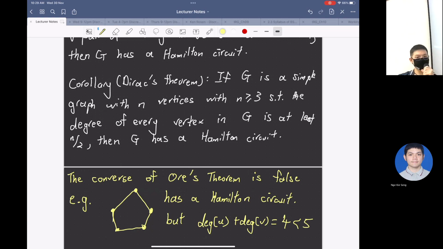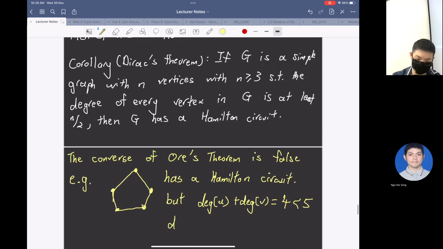So the converse is false. Similarly, it is false for Dirac's theorem as well, because every degree is 2, which is less than 2.5. Dirac said as long as you have more than half, you can find the Hamilton circuit. But with less than half, I can also find the Hamilton circuit.